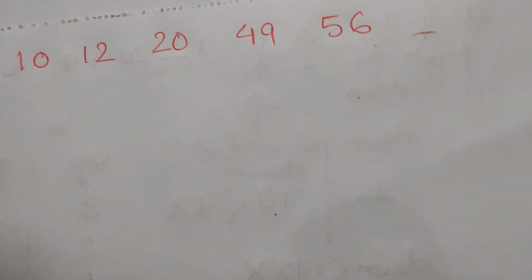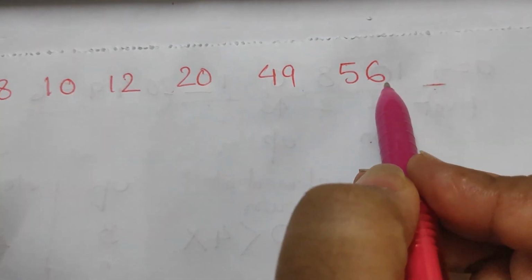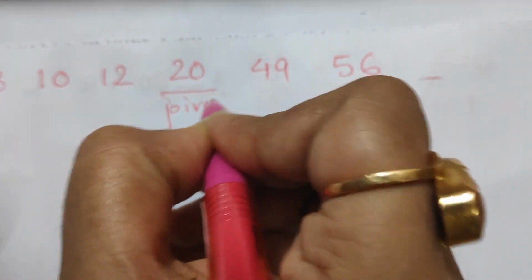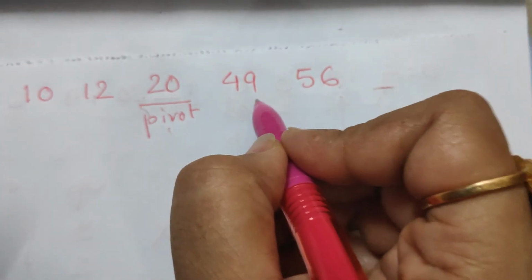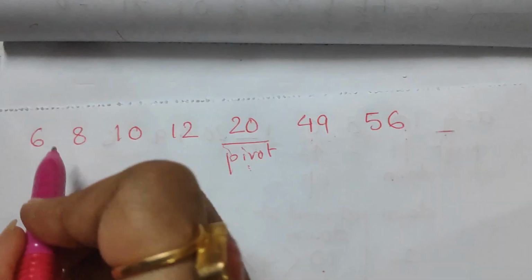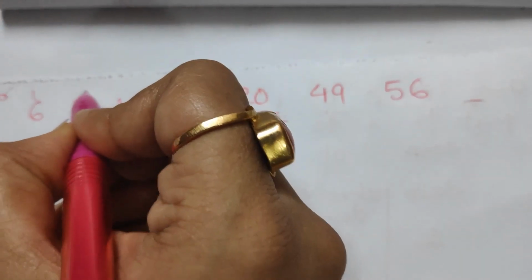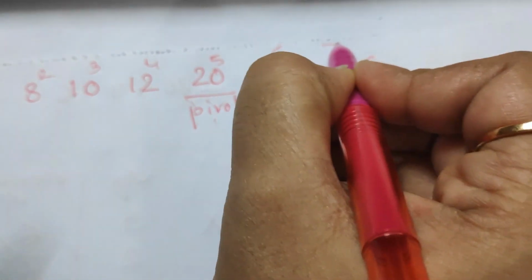Now on right hand side of 12 we have got 20, 49 and 56. So 20 will become our pivot, right? Now when 20 becomes our pivot, the index of 49 is 6.